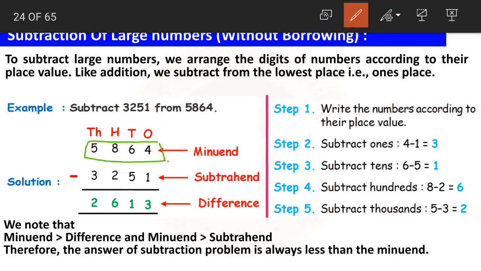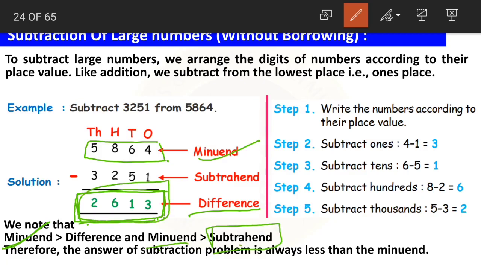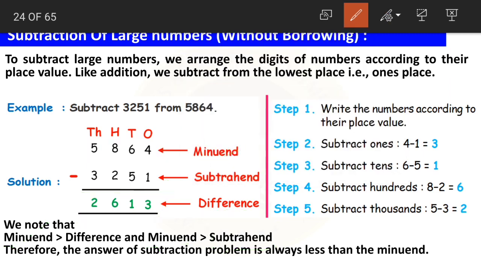See, 5864 is greater than the difference. What is the difference? 2613. What did we note? The minuend is greater than the difference, and the minuend is also greater than the subtrahend. Minuend is the bigger number and subtrahend is the smaller number.